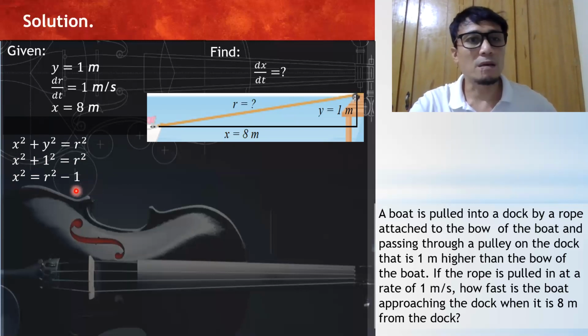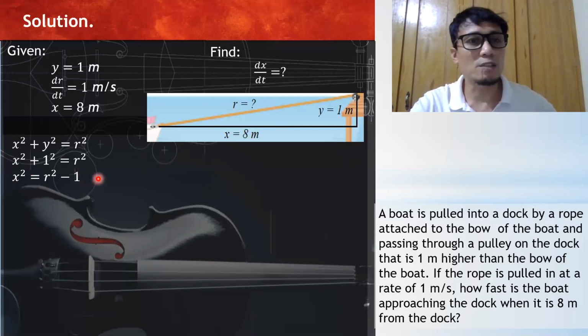The reason why we're not substituting 8 meters yet for x is that x is not a fixed value. Okay. 8 is only a starting point. That's the starting distance, but it's not a fixed value because as you are pulling the rope, your x changes, okay, with respect to time.